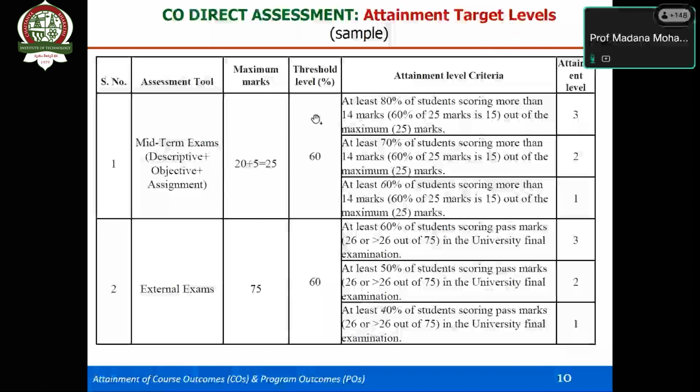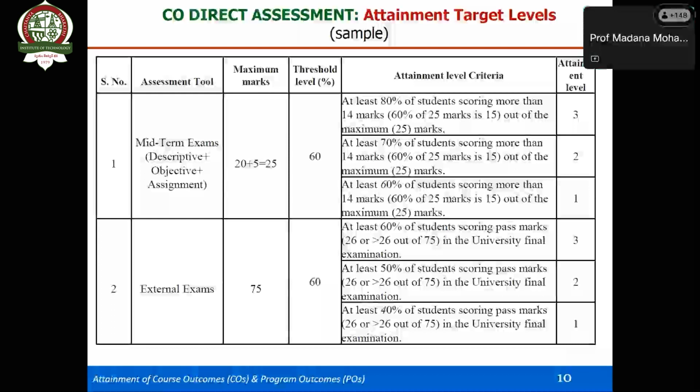Okay, here are the assessment tools related to CO direct assessment or direct attainment and their target level. How do we set the target levels of a particular course based on a particular assessment tool?